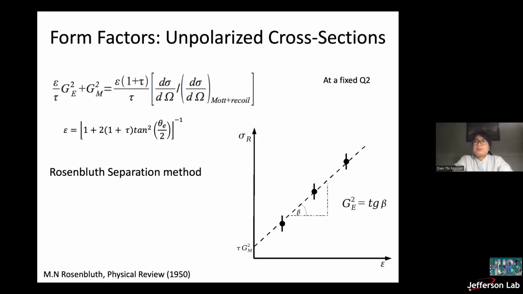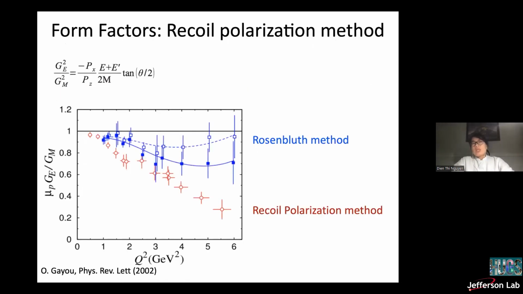Okay, thank you. Another measurement here relies on how you measure the recoil proton in the final state. In that one, you will be able to measure two components, what they call the polarization measurement here: the components PX and PC, the polarization of the final proton.